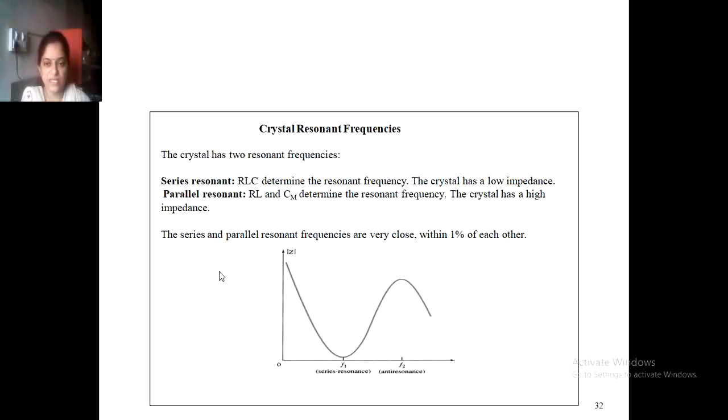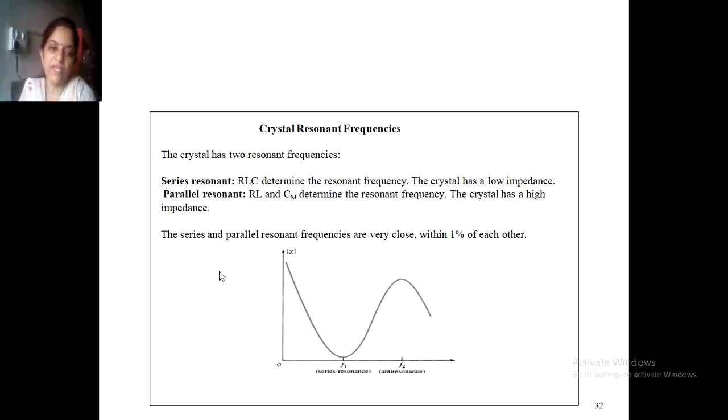In series resonance, the resistor, inductor and capacitor determine the resonance frequency, but the crystal has low impedance. In parallel resonance, the resistor and inductor are in series and in parallel with the capacitor, which determines the resonance frequency, but the crystal has high impedance.